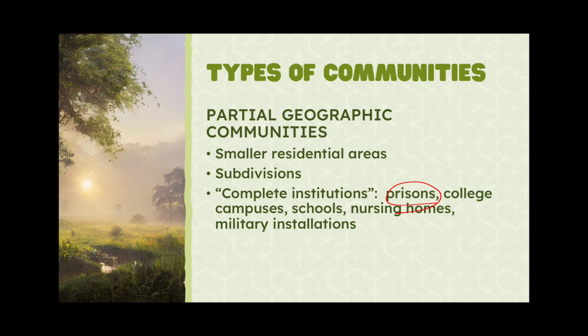So college campuses, schools, nursing homes are also communities, because especially when older people retire there, they build a sort of sense of community. And of course, military areas are also institutionalized communities.